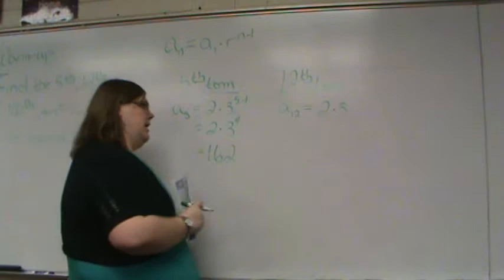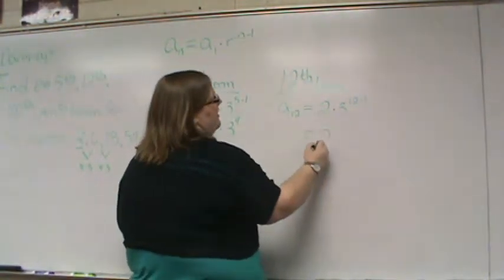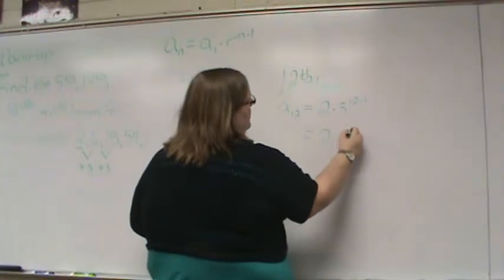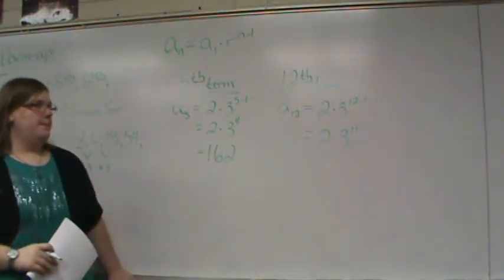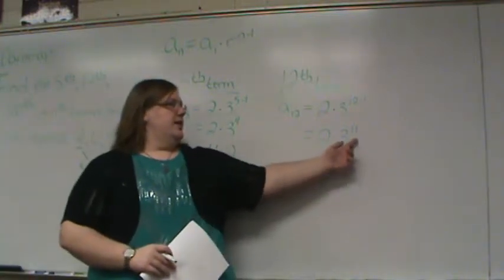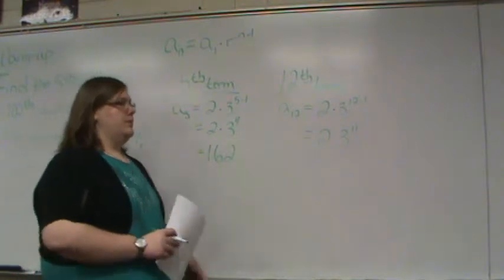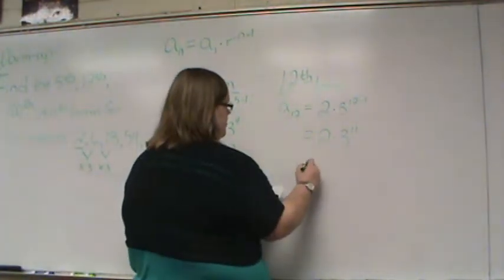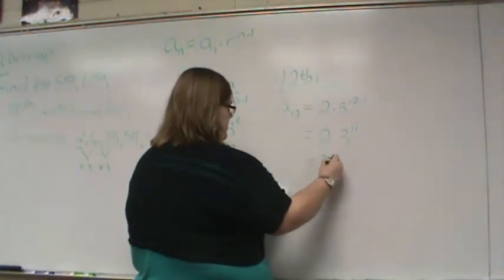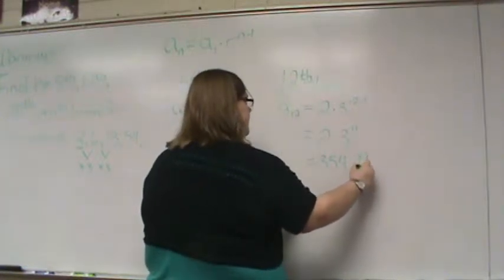Now it's 12 minus 1. So when we simplify that, we end up with 2 times 3 to the 11th. So again, we're taking 3 to the 11th and then multiplying by 2. So you should get 354,294.